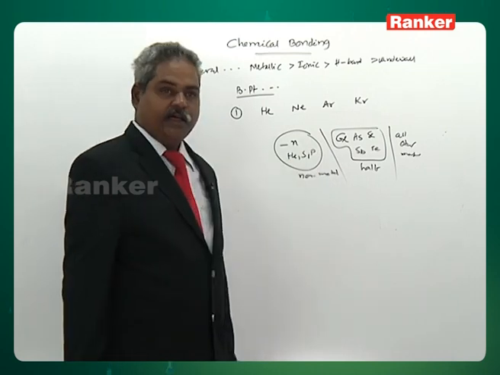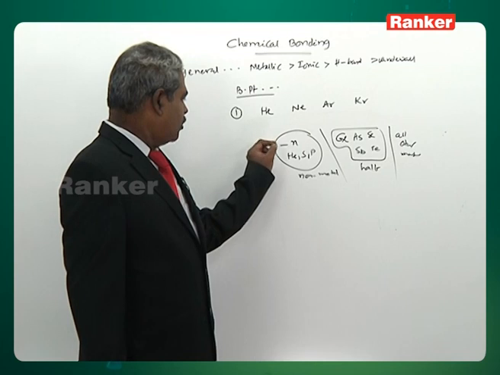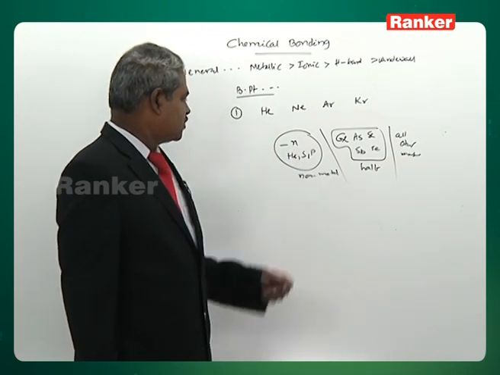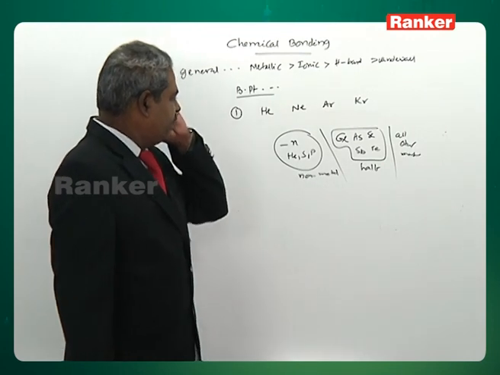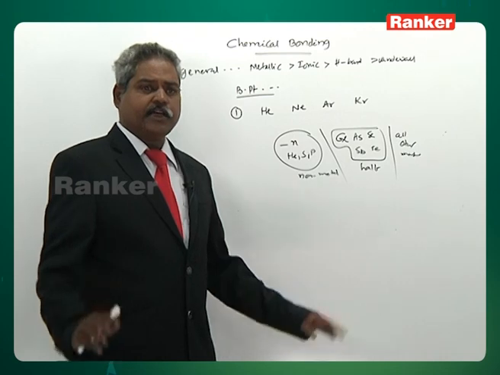Except these three, all non-metals have N. So all non-metals have names ending in the sound N. Germanium, arsenic, antimony, selenium, tellurium are half metals, and all others are metals, as simple as that.